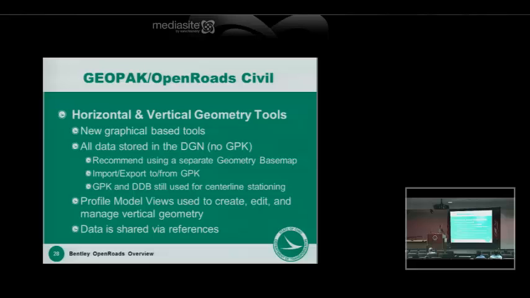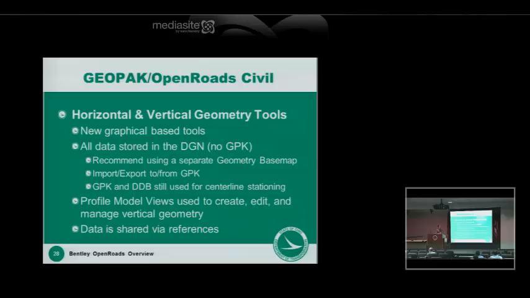Now, on a large project, you may not want all the geometry in one file. You may have a file that has the geometry for one interchange and another file that has the geometry for the interstate. So that stuff can be segregated, or federated was the buzzword at the Bentley conference this year. So that stuff can be federated however you would like.